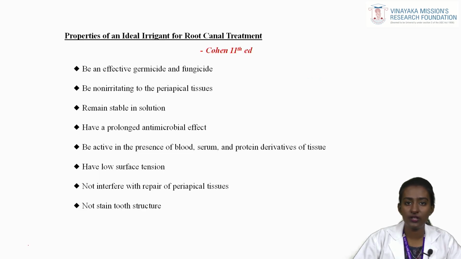According to Cohen, the properties of an ideal root canal irrigant are that it should be an effective germicide and fungicide, non-irritating to the periapical tissues, and stable in a solution. It should have a prolonged antimicrobial effect, be active in the presence of blood, serum or protein derivatives of the tissue, have low surface tension, not interfere with the repair of the periapical tissues, and not stain the tooth structure.